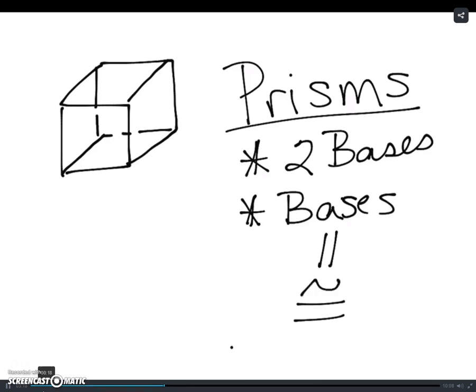If you'd rather write the words out on that, you're welcome to do so. So, for example, if this is a cube, it doesn't matter which two sides you pick because they're all squares. But this and this face are parallel and congruent, and so those would be our bases.